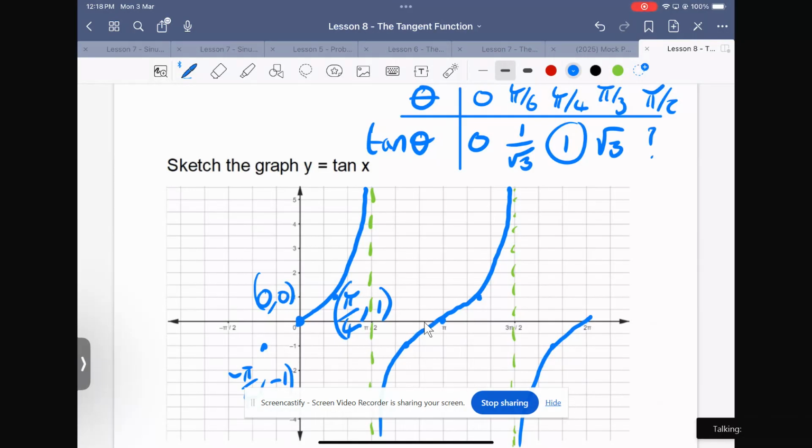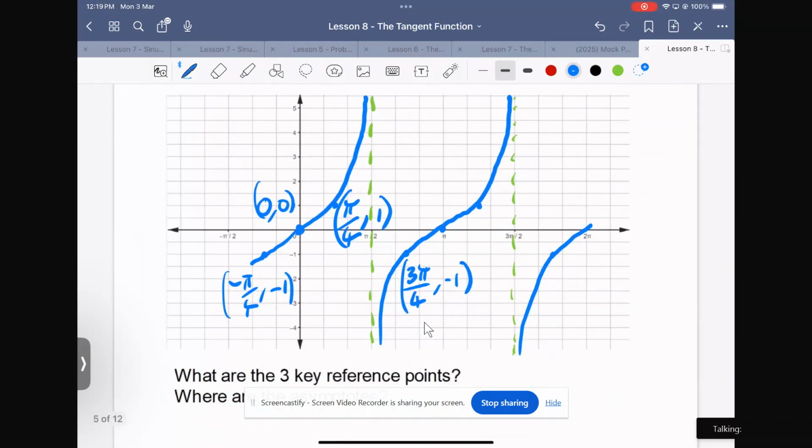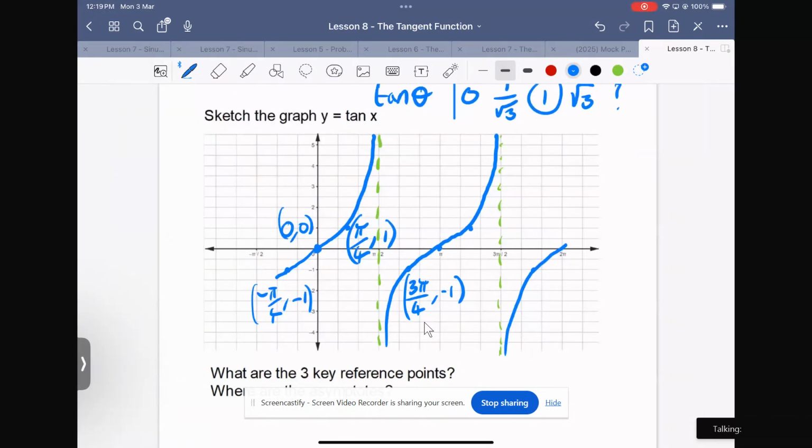Or you can use this point here, which is at 3 pi over 4, -1. So these points are kind of useful for us in sketching the graph. When it comes to finding our transformations, remember these values.